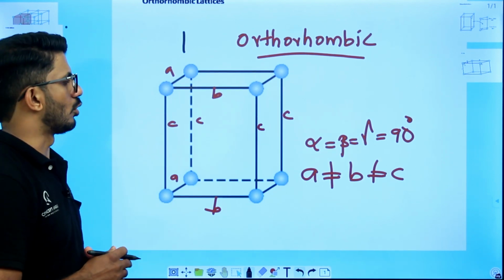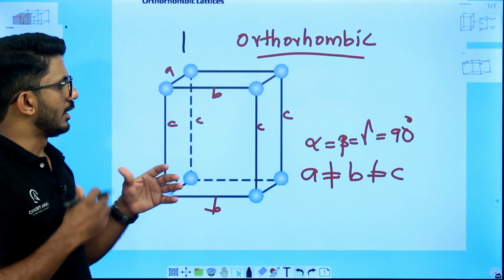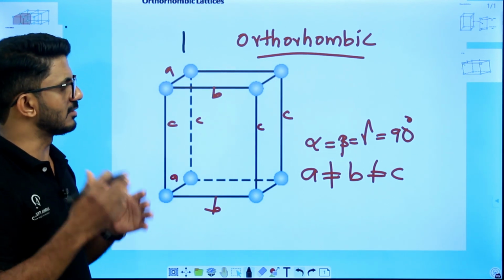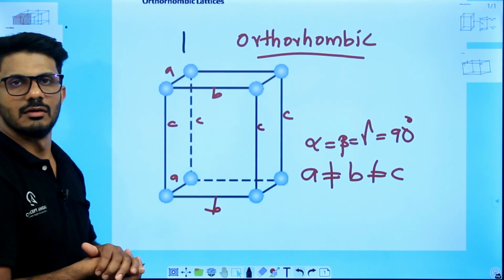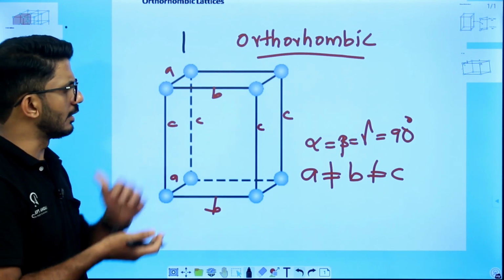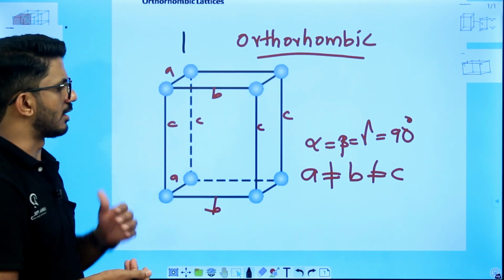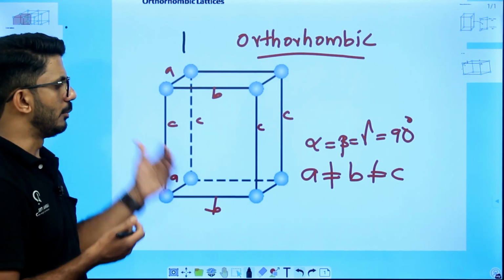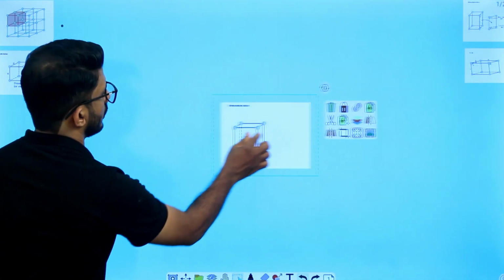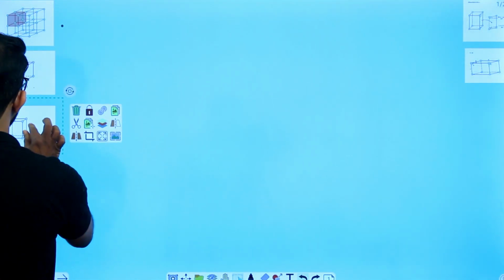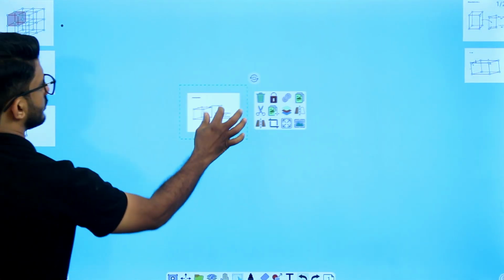And the third one, orthorhombic: alpha is equal to beta is equal to gamma is equal to 90, all perpendicular, and all the axes are different, A not equal to B not equal to C. Okay. So, let's look into the fourth one.